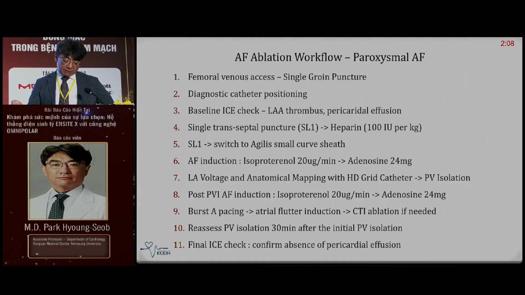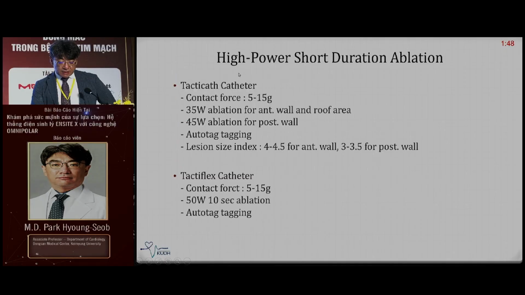If it terminates during the PBI isolation, I give additional isoproterenol and induction with the same protocol, and when there is no PB trigger or no inducible tachycardia, I check the PBI isolation and finish the procedure. This is my workflow for the paroxysmal AFib.